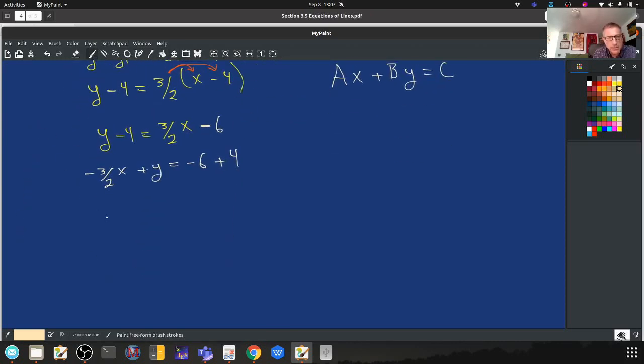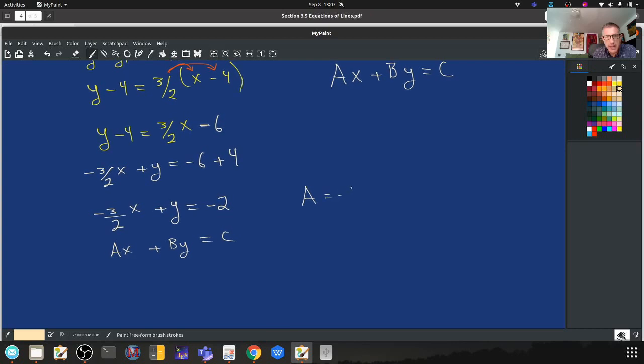So the final simplification is going to be minus 3/2 x plus y is equal to minus 2. And that's the equation in general form, ax plus by is equal to c. In this case, a is equal to minus 3/2, b is equal to 1, and c is equal to minus 2.